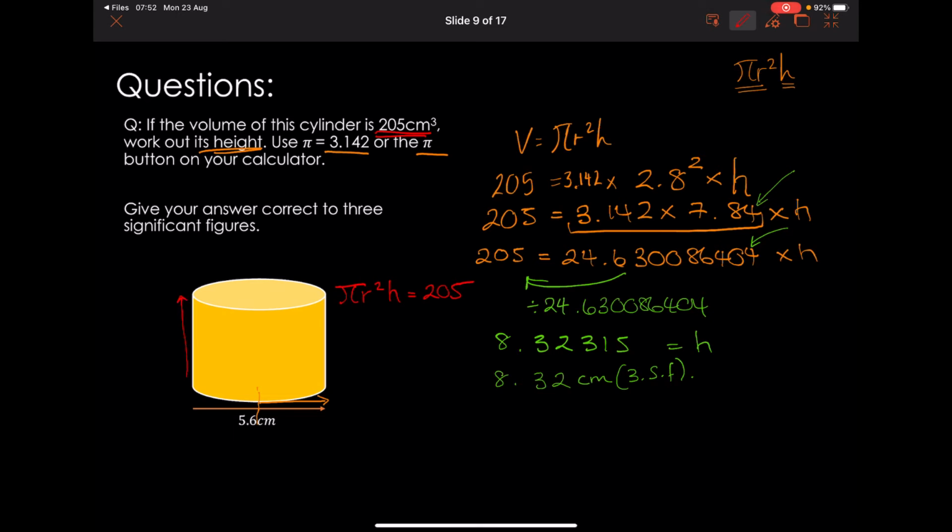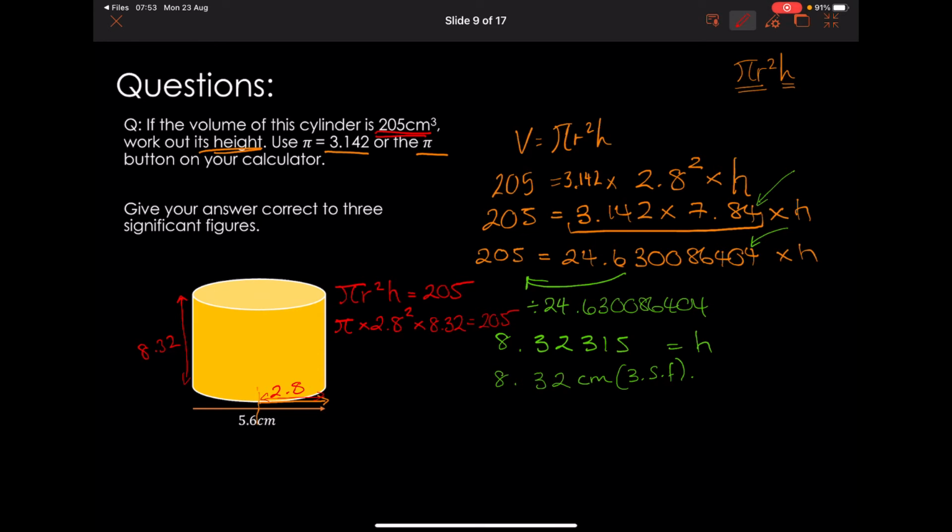And apparently my height is 8.32. So pi times by the radius, which was 2.8, remember, from there to there, squared, times by 8.32 should give me 205.